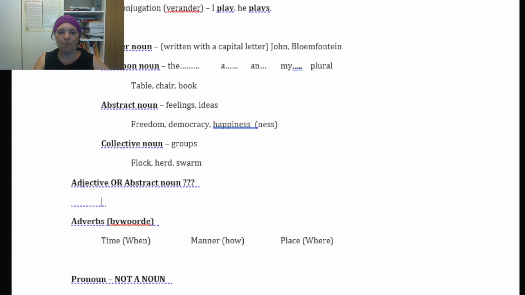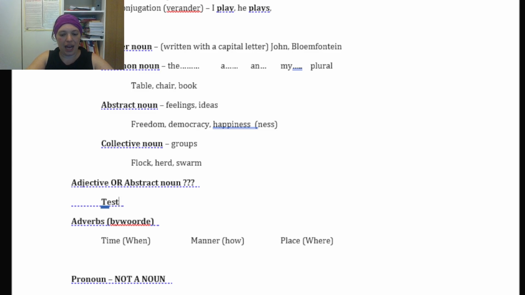Dink so daaraan. As dit 'n abstract noun is, probeer sê the of my net met daai woord, my freedom. Dit maak sin. Maar as jy sê my big, daar moet nog iets by wees. Jy moet sê my big dog. Jy kan nie net sê my big nie. So dit is 'n manier om te sien of dit 'n adjective of 'n abstract noun is.